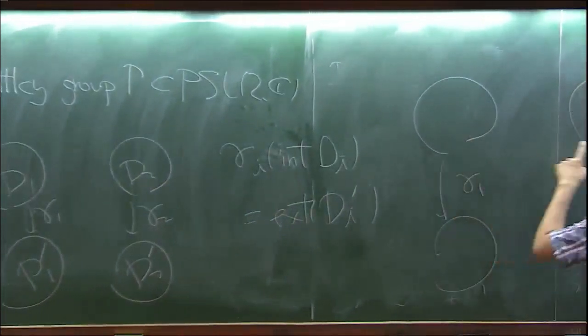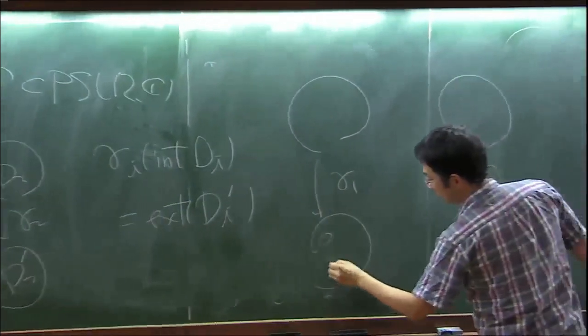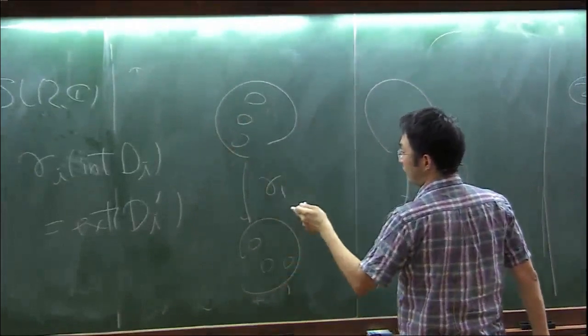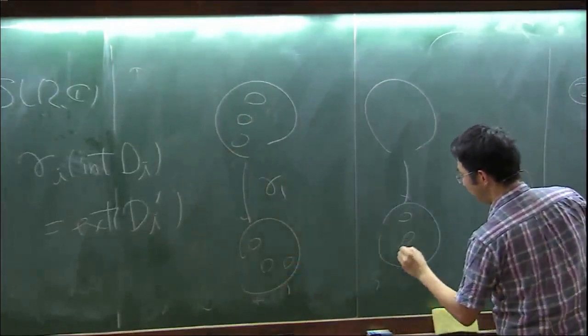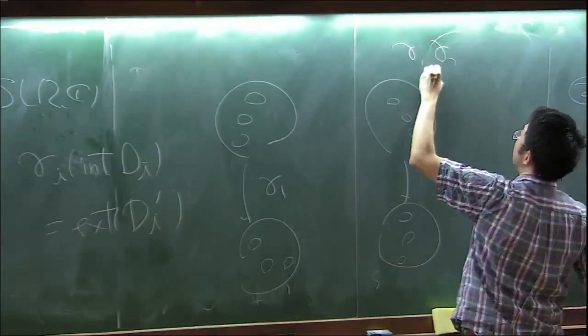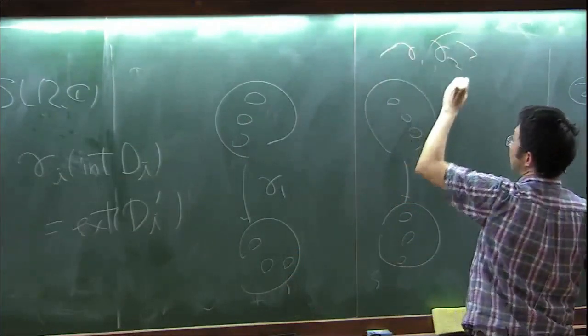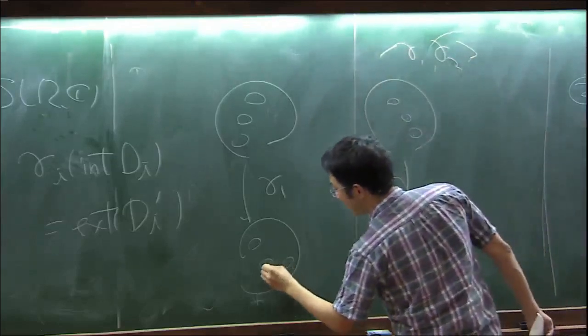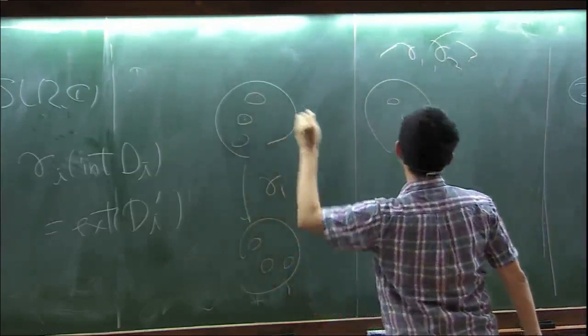So gamma 1 pushes 3 disks into this disk. A similar thing happens for gamma 1 inverse, and by the action generated by those 2 elements, you see a Cantor set as the accumulation points.